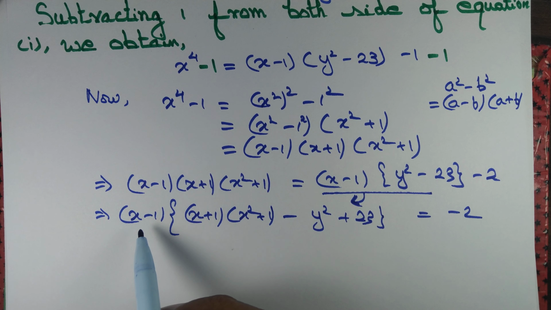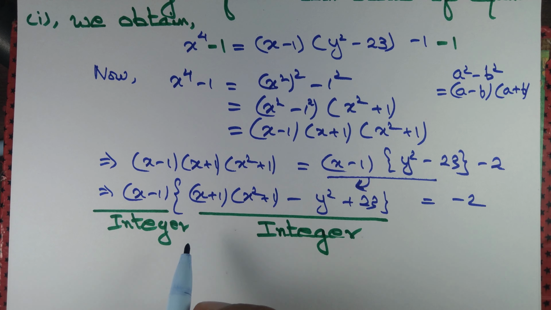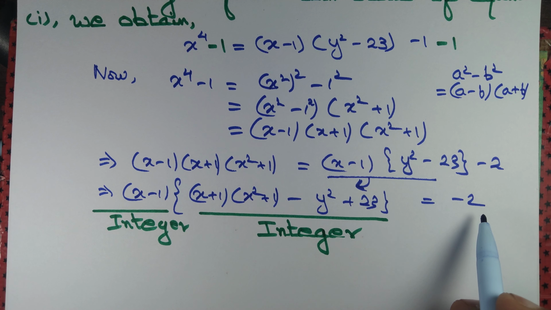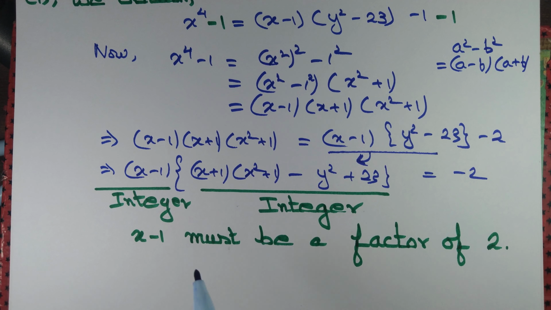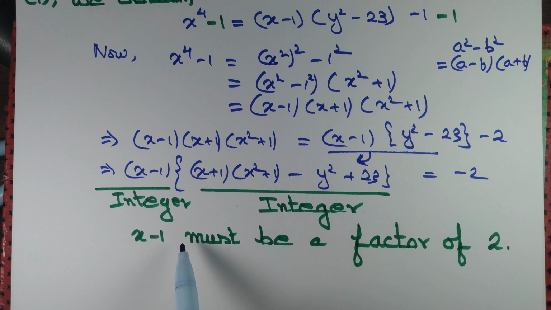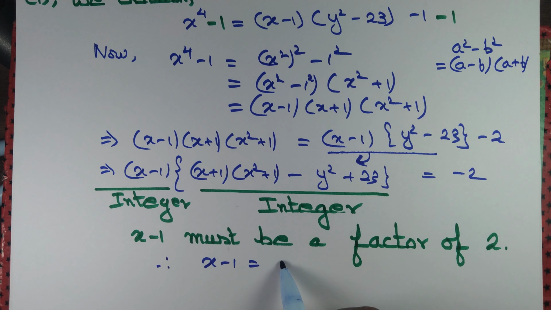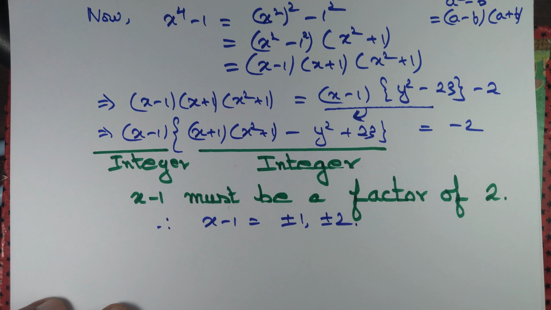Since x is an integer, x minus 1 is also an integer, and x and y both are integers, this expression is also an integer. So a product of two integers equals minus 2. In other words, x minus 1 is a factor of 2. But the only factors of 2 are plus minus 1 and plus minus 2. Therefore, I can say x minus 1 equals plus minus 1, plus minus 2.